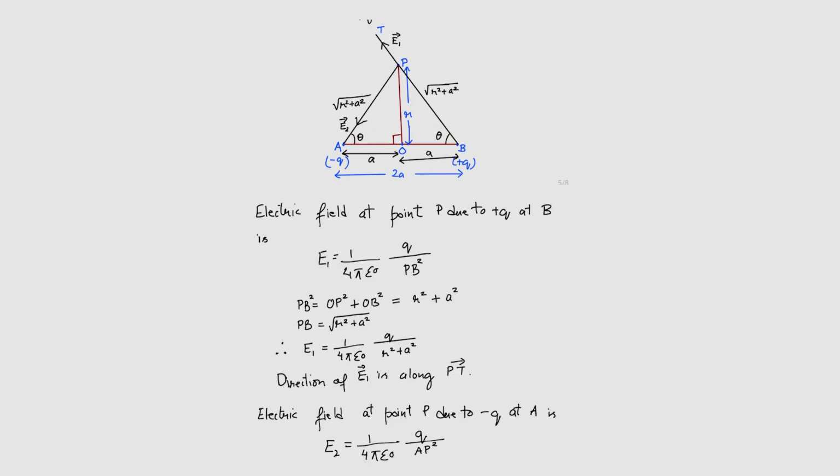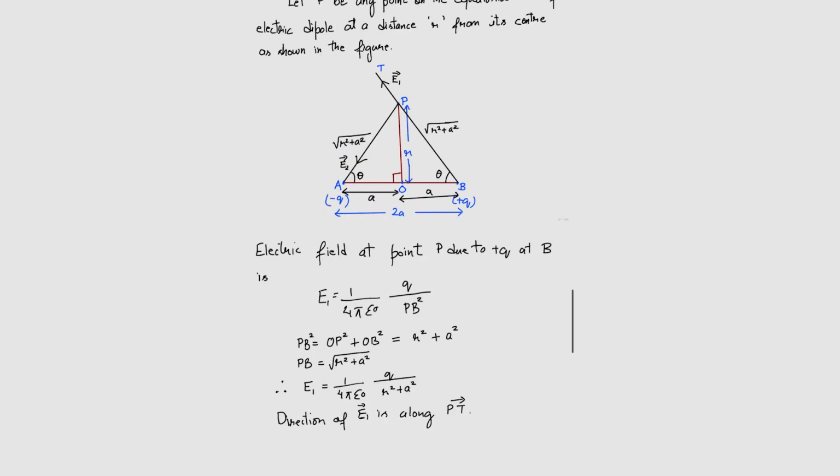Okay, let me draw this line. And this line is parallel to AB. So the angle at this point is equal to theta.